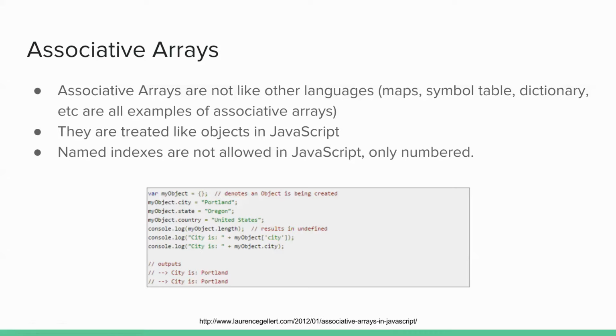And then finally, associative arrays. So some examples of what associative arrays are like maps in Java and like dictionaries in Python. They are ways to create a list of items, or basically an object with a list of items underneath it, and call each individual item by name rather than by a number.